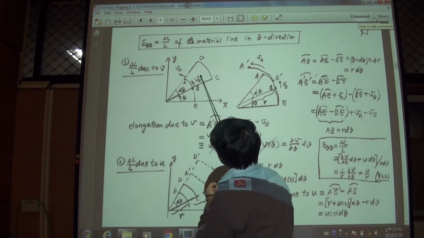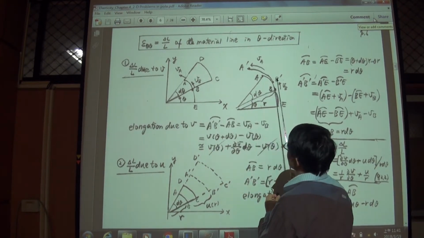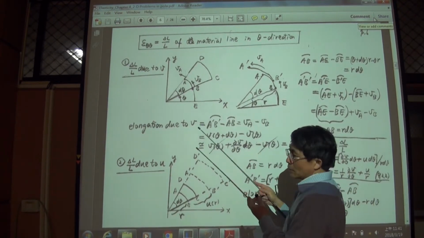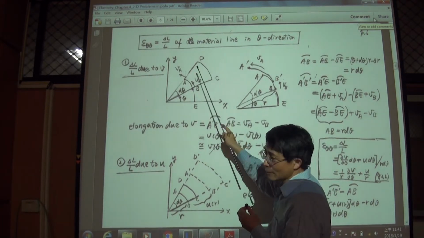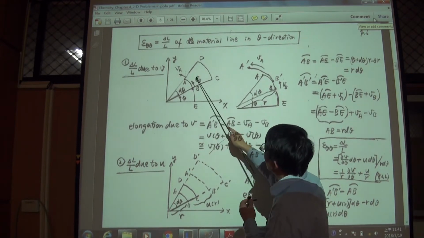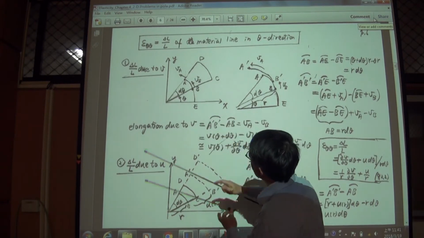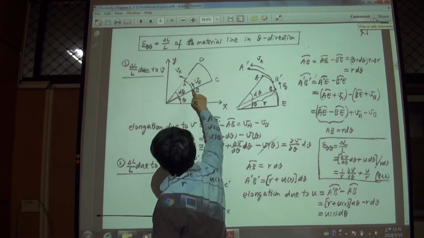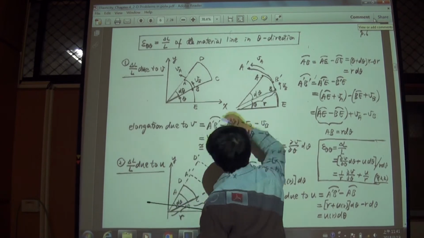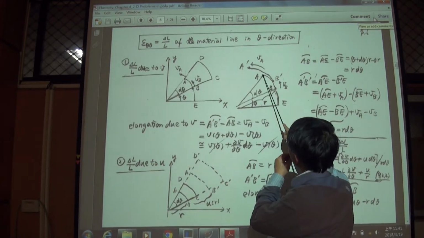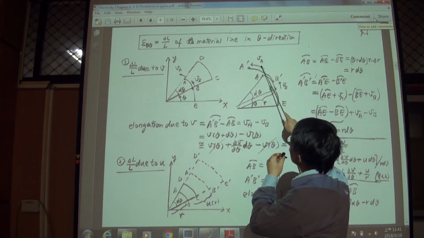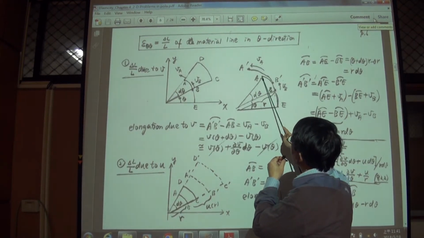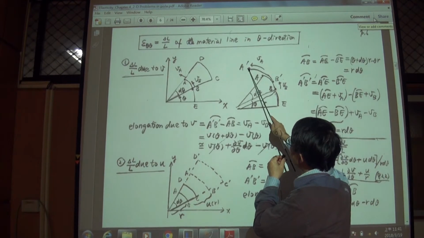We draw the picture like this, because here we don't have enough space, so I draw this one into here. Due to the displacement VA, point A goes to A prime.